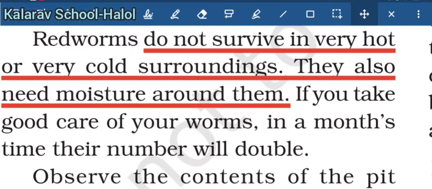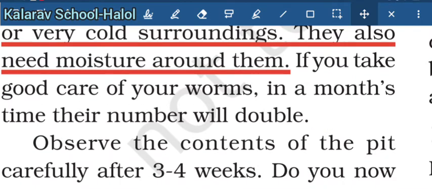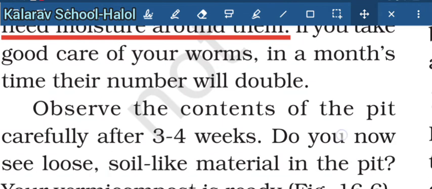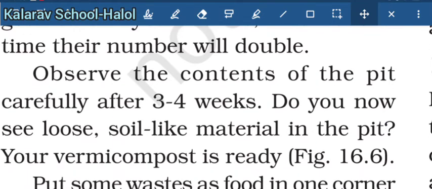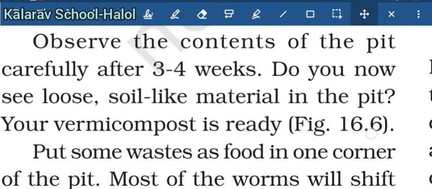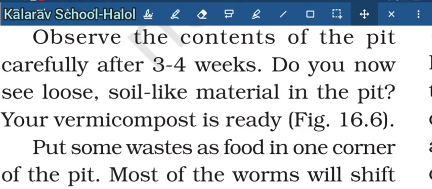If you take good care of your worms, in a month their number will double. Now observe the content of the pit carefully after 3 to 4 weeks, and you will see loose soil-like material in the pit. Your vermicompost is ready.